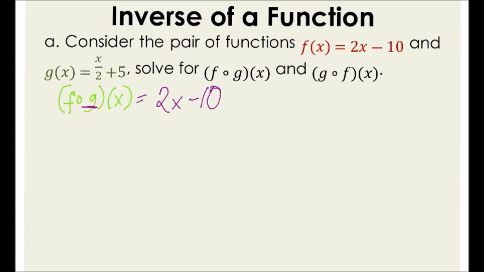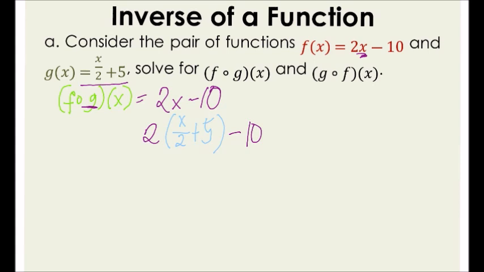So the x value in our f function, we're going to replace it with the value of g of x. That will be 2 times x over 2 plus 5, minus 10. So this is the g function, which is the x in f of x. We replaced it with the value of g of x, and now we simplify.